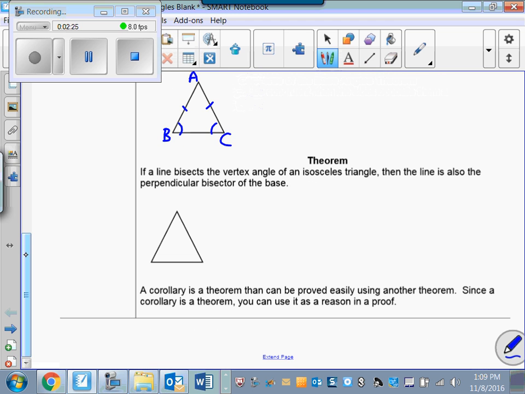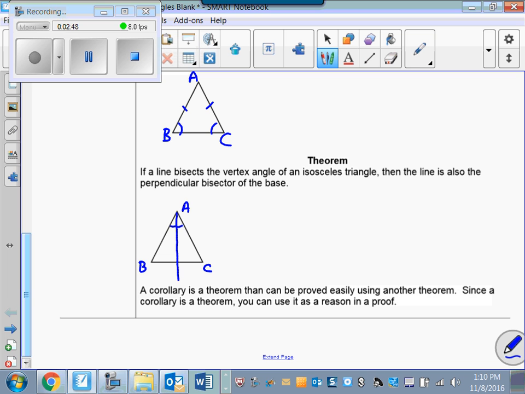All right, here's another little theorem that you will find useful from time to time. If a line bisects the vertex angle, let's go ahead and label this one. So we're just going to go ahead and draw this as our line. And if it bisects it, then what does that do? I know it makes those two angles congruent.